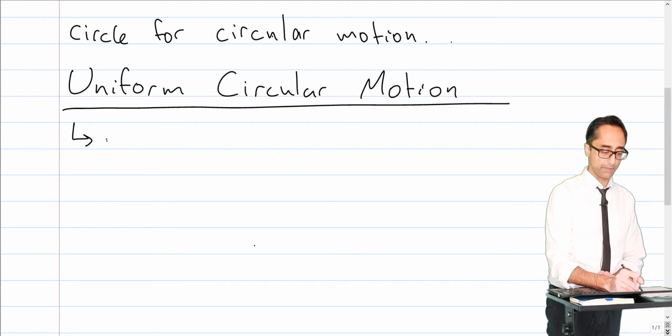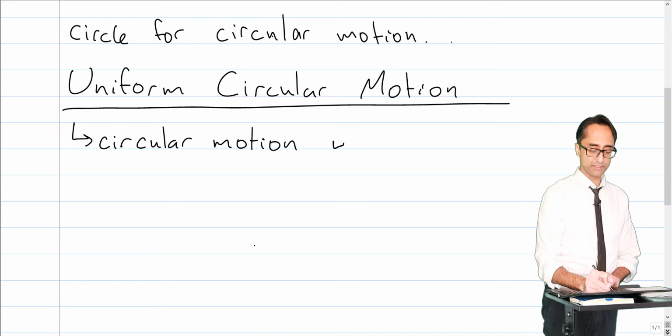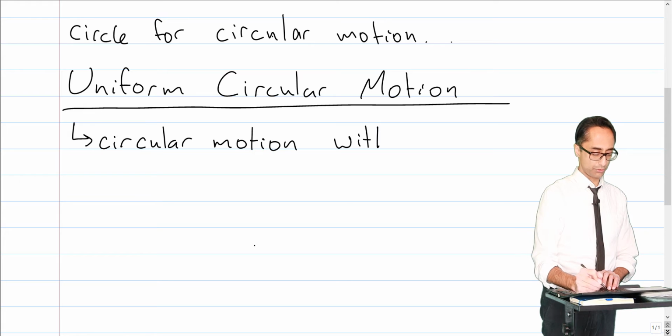Now, I am using the word speed here very, very deliberately. I did not say velocity for a very good reason. So this is circular motion with a constant speed.